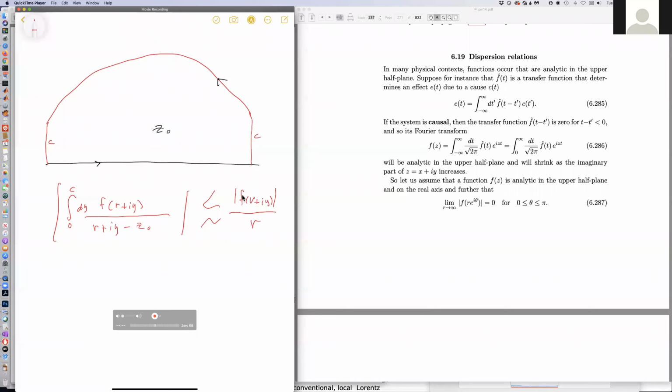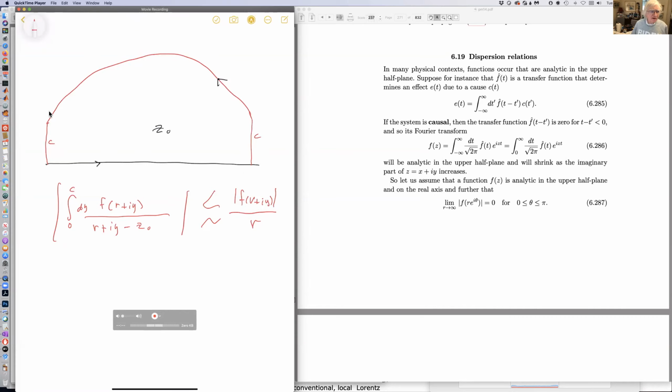So in that case, the integral along c at either a large positive or a large negative value of z will be bounded by that large value of r, or equivalently of z. The numerator is just the absolute value of f, and we assume that goes to a constant as we go out to infinity, and so this ratio goes to 0. So these two parts of the contour are certainly ghost contours.